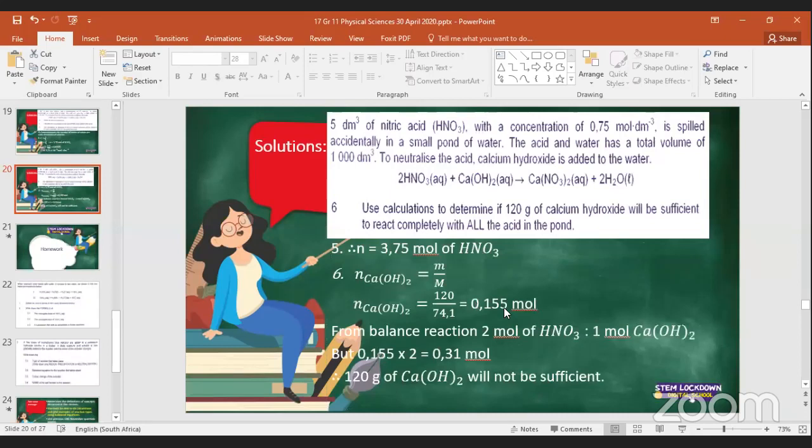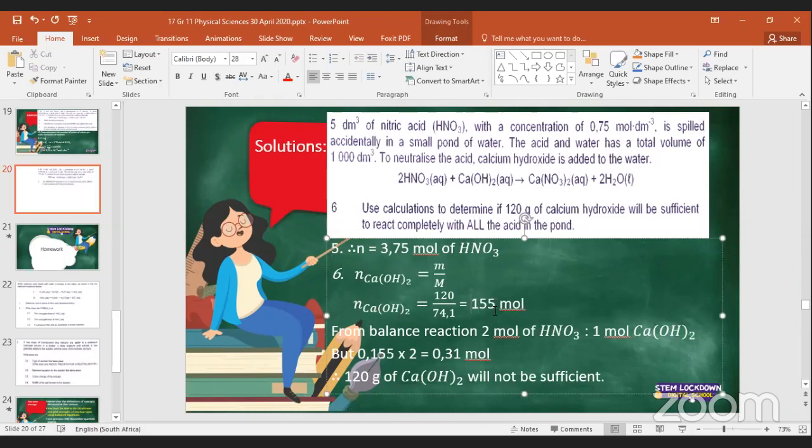The number of moles here should then be 1,62, which is the number of moles that will be there. So this should be 1,62.